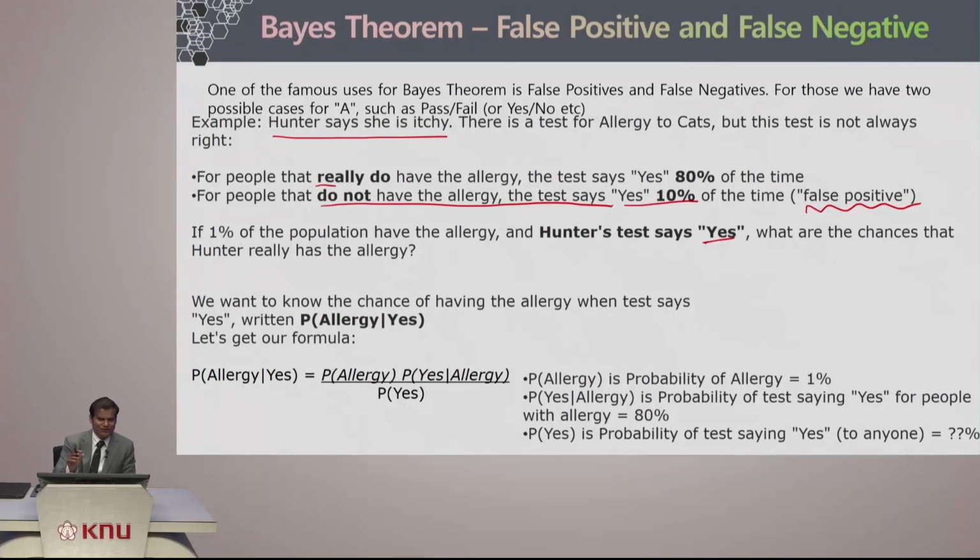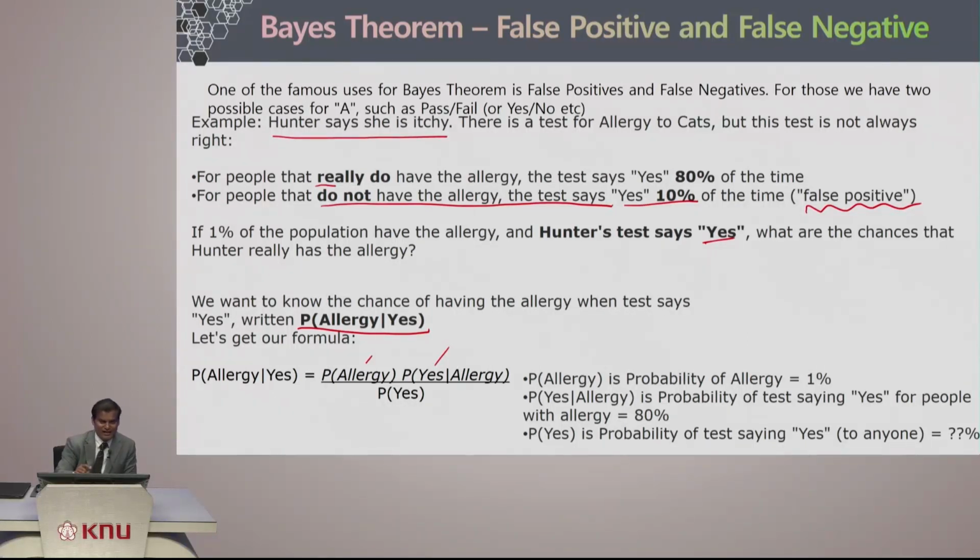We know the chance of having an allergy when the test says yes is the probability of allergy given that the test says yes. That can be written as probability of allergy times probability of S given there is an allergy, divided by probability of S.